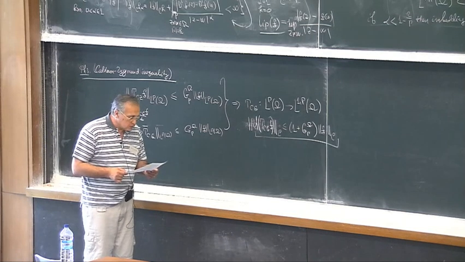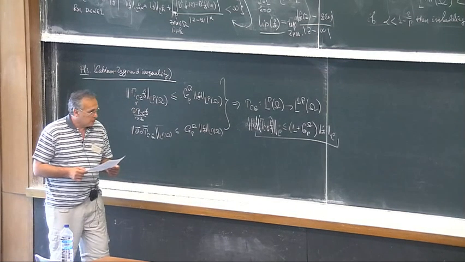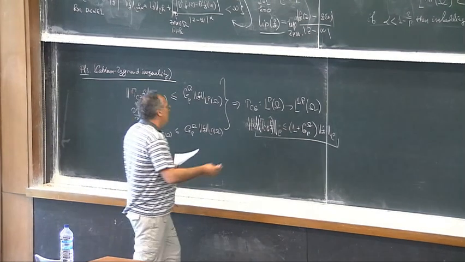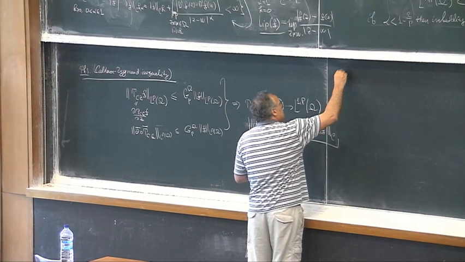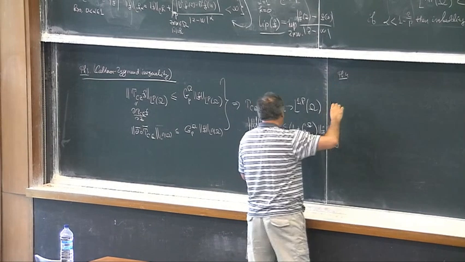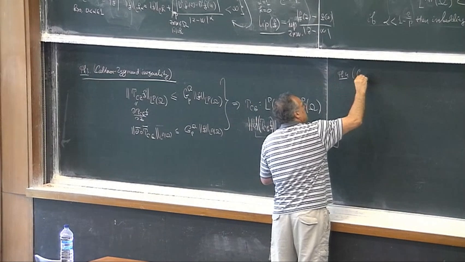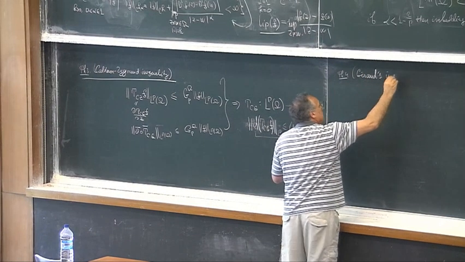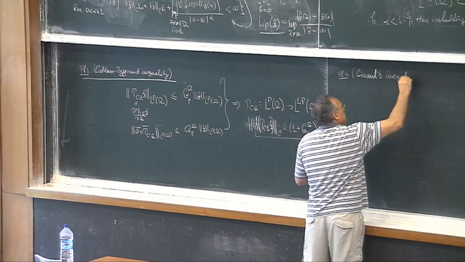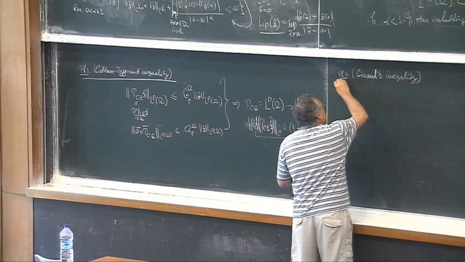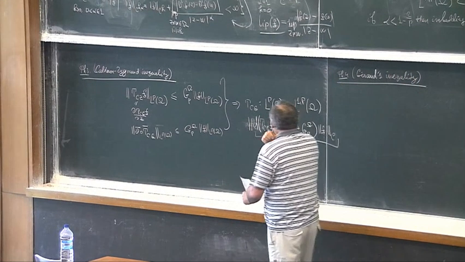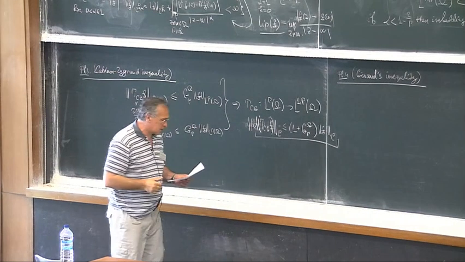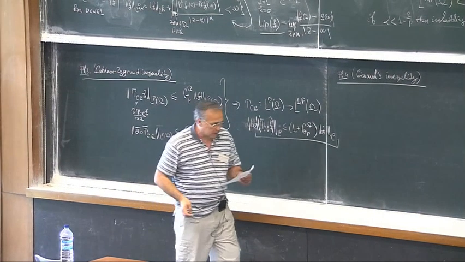Okay, as usual, I need one more statement, which is known as the Giraud inequality. This stays the same as Calderon-Zygmunt, only in Hölder classes.